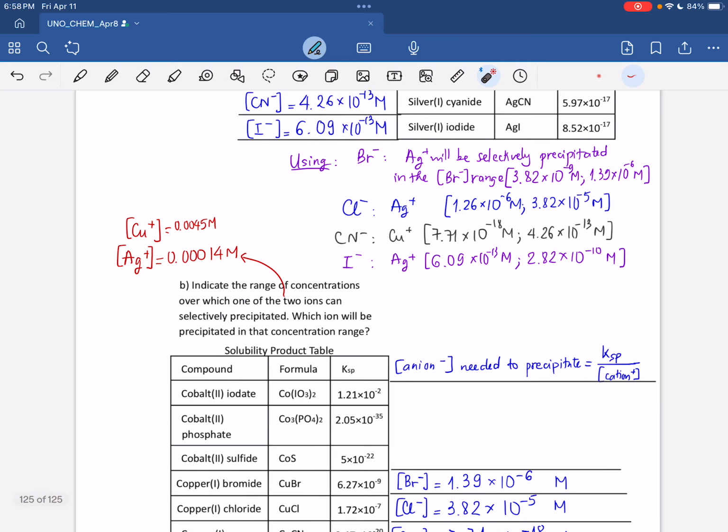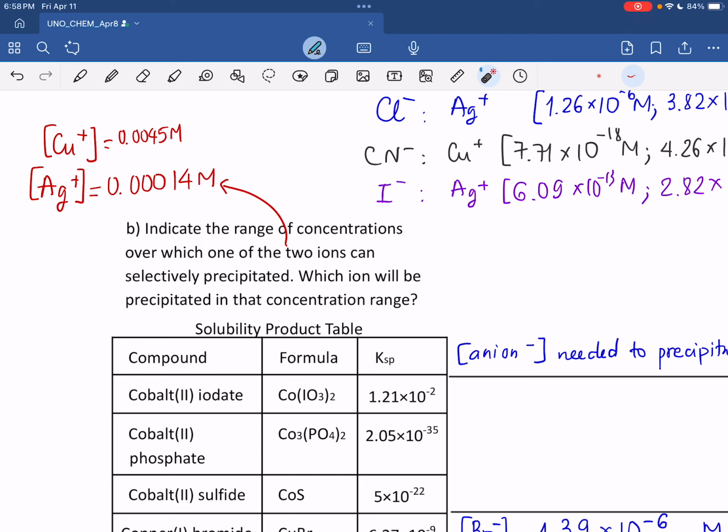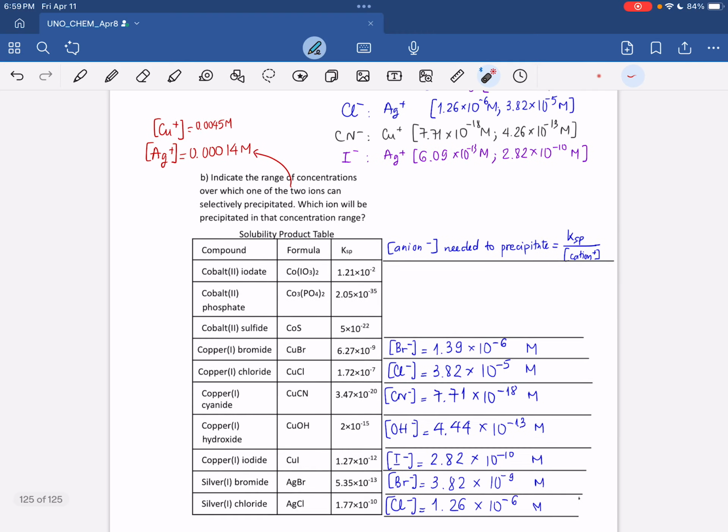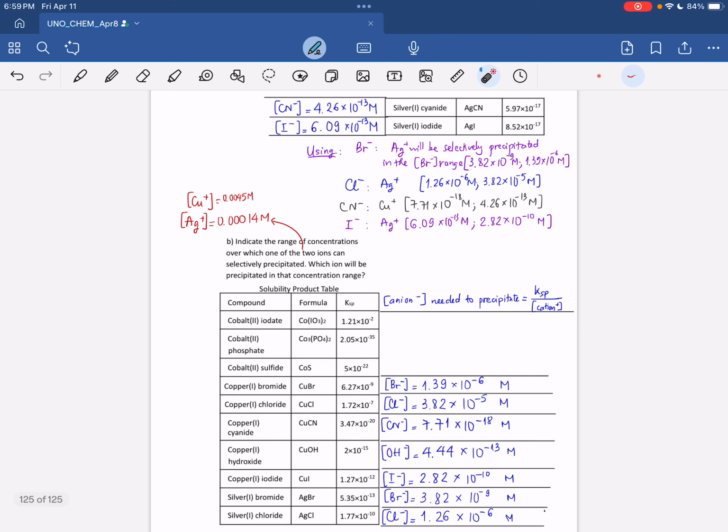The second question asks us to indicate the range of concentration over which one of the two ions can selectively be precipitated, and which ion will be precipitated in that concentration range. So basically here, we just need to see between the two ions, copper and silver, right?